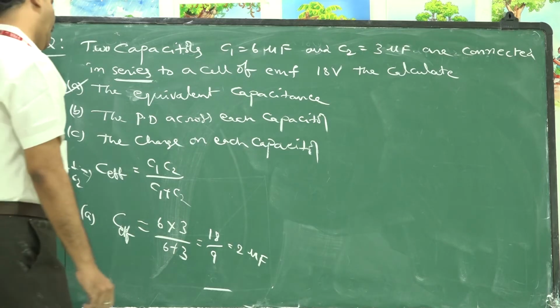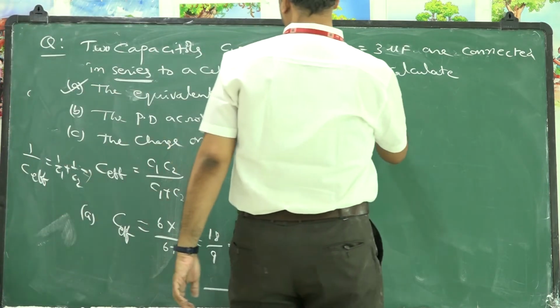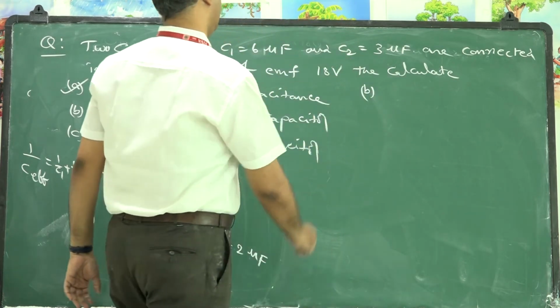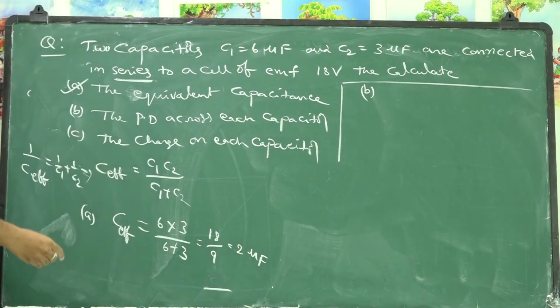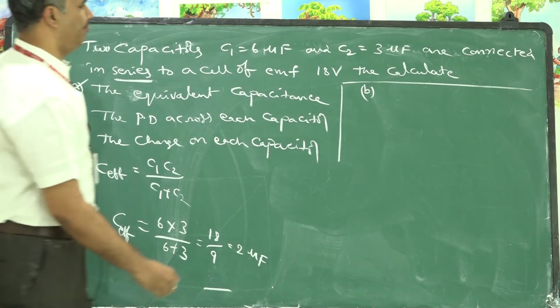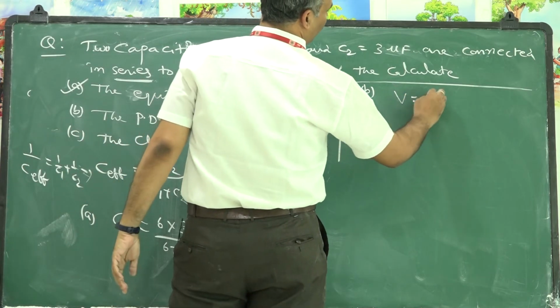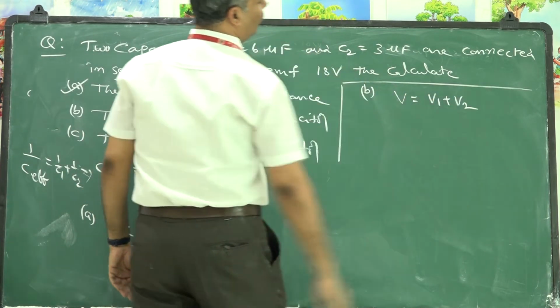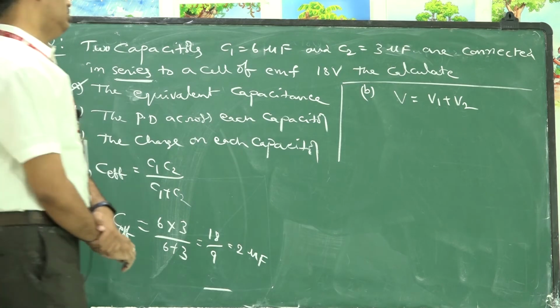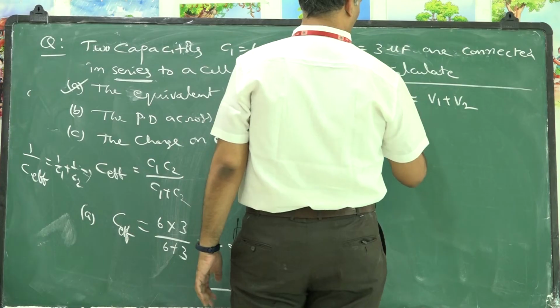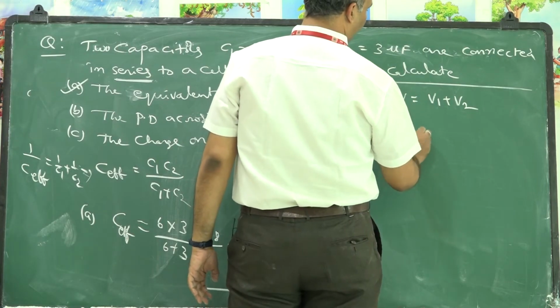Next, answer for question B. What they asked? Question B, the potential difference across each capacitor. You know that in series combination, the potential gets divided. V is equal to V1 plus V2. V means Q by C effective.